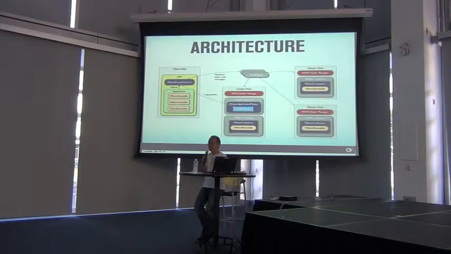So, what do we do? This is how the architecture looks. On the left, the green box is the things that you need. We have something called a Weave runnable, which extends from runnable. All you need is to implement your application as a Weave runnable, and then you submit your application through a Weave runner.